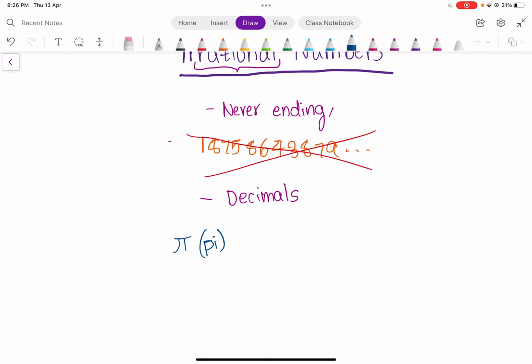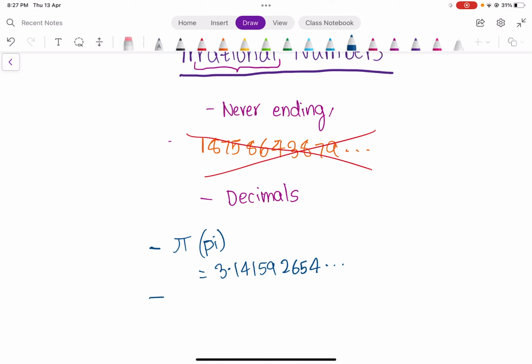I can write down a few digits of pi, which is 3.141592654. This goes on, and it never ends. So this is an example of an irrational number.